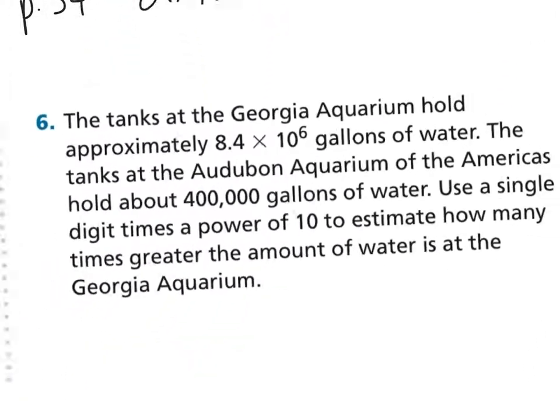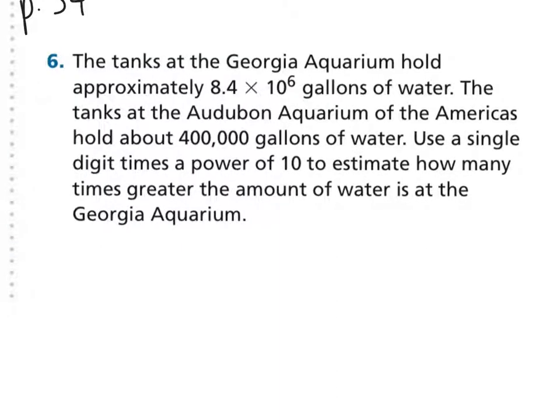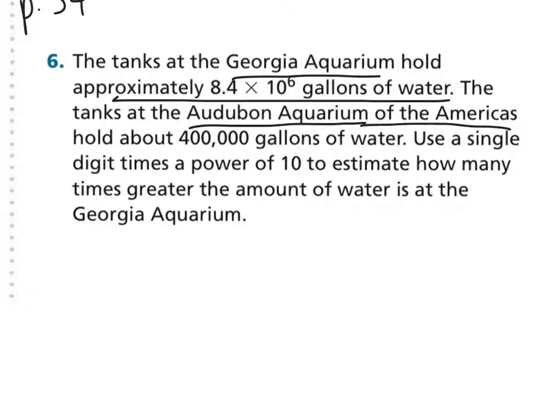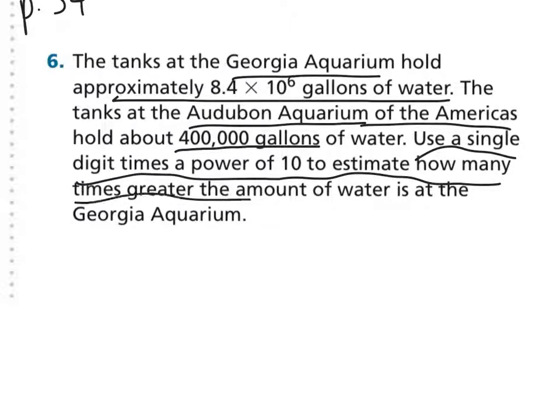Number 6, the tanks at the Georgia Aquarium hold approximately 8.4 times 10 to the 6 gallons of water. The tanks at the Audubon Aquarium of the Americas hold about 400,000 gallons of water. Use a single digit times a power of 10 to estimate how many times greater the amount of water is at the Georgia Aquarium. Okay, there are a couple different ways we could do this.